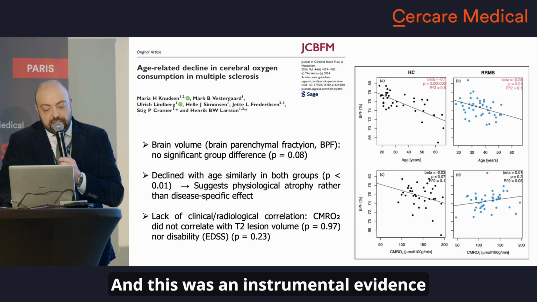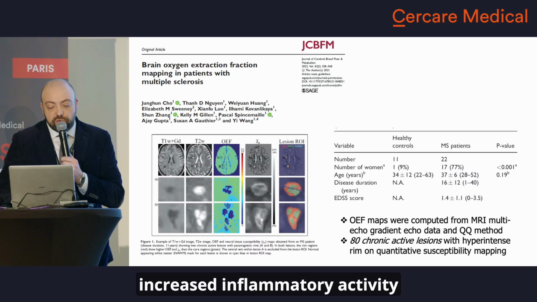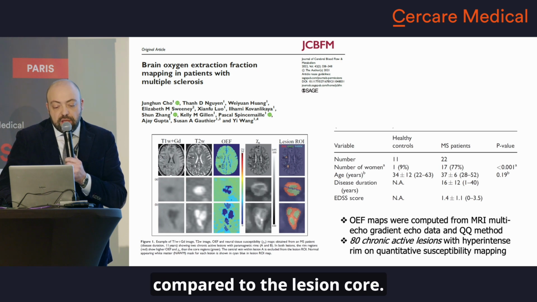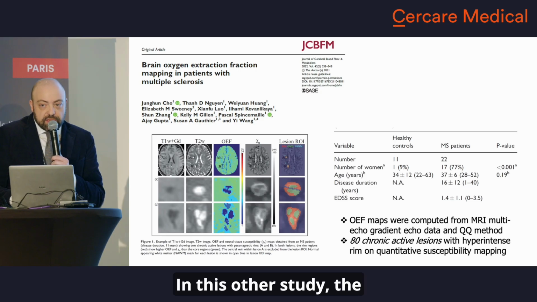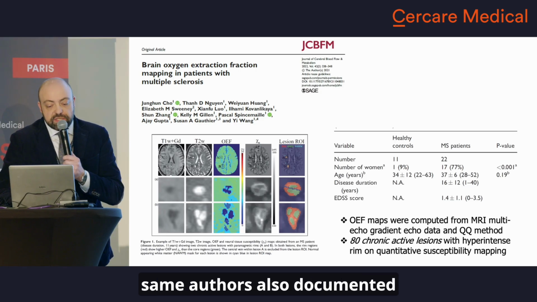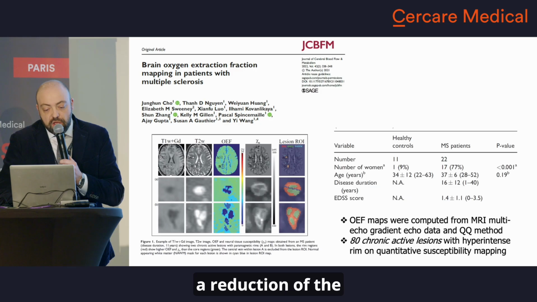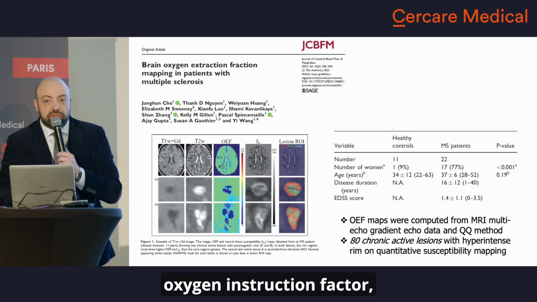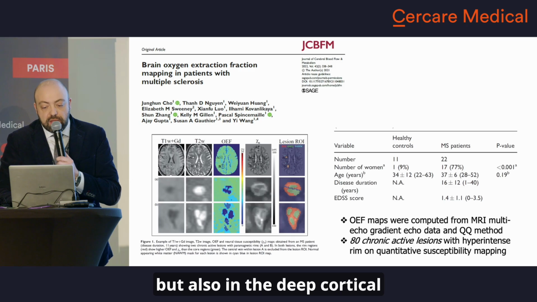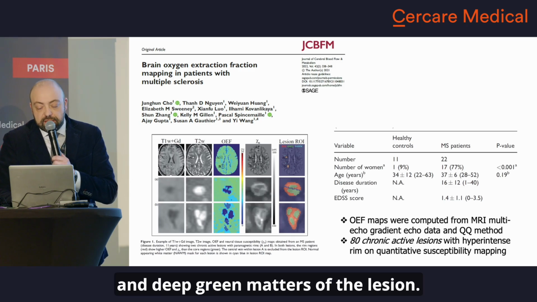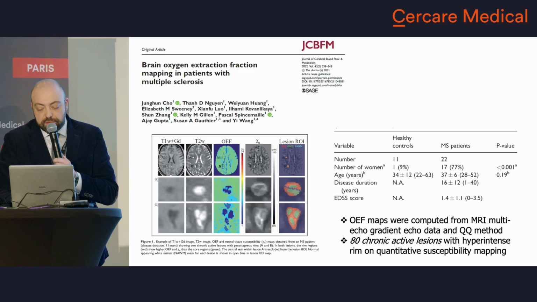And this was instrumental evidence of increased inflammatory activity in chronic active lesions compared to the lesion core. In this other study, the same authors also documented a reduction of the oxygen extraction fraction, not only in the normal appearing white matter, but also in the deep cortical and deep gray matter of the lesion.